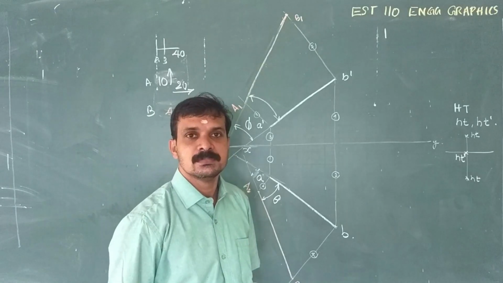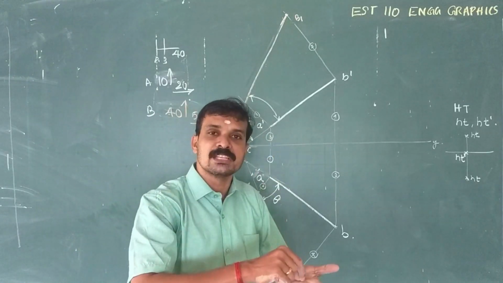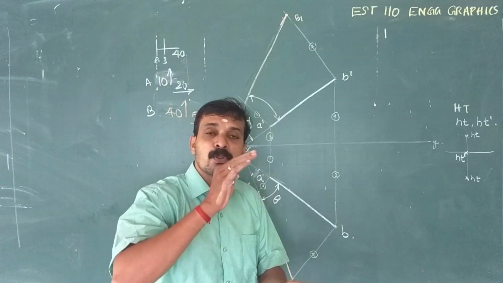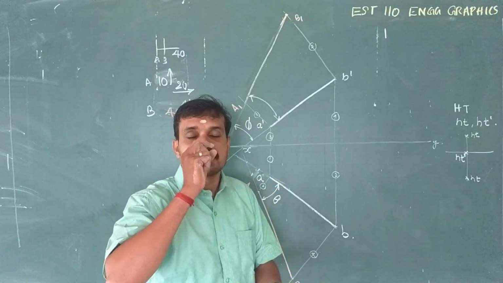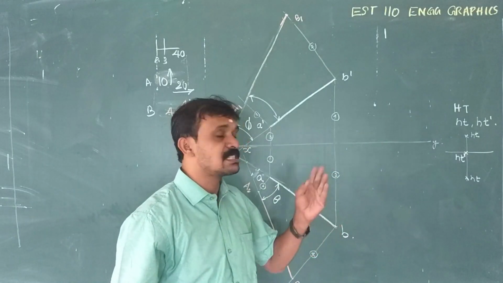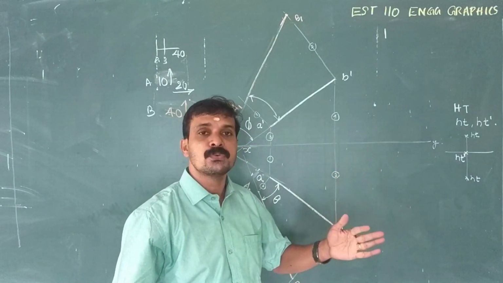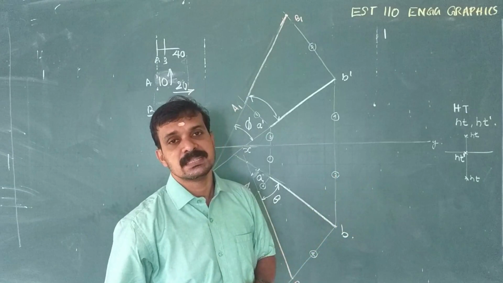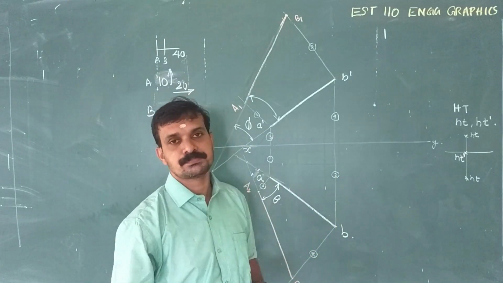Is it clear? Since the horizontal trace is a point on HP, while projecting that point, its front view HT dash will always lie on the XY line, whereas HT will be in front of or maybe behind the XY line.